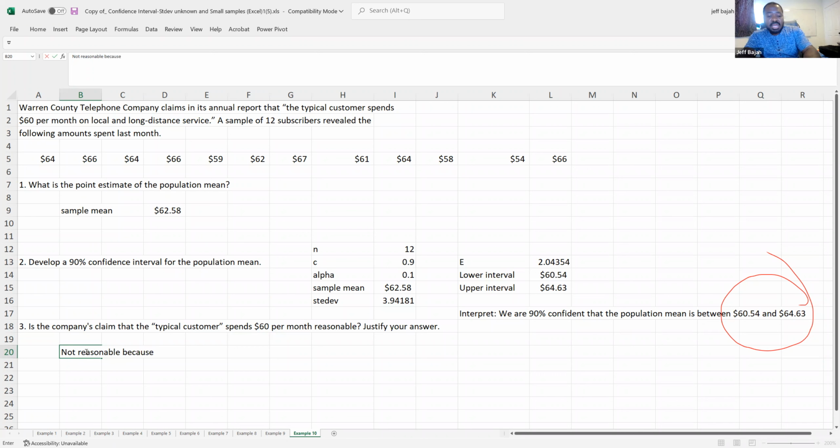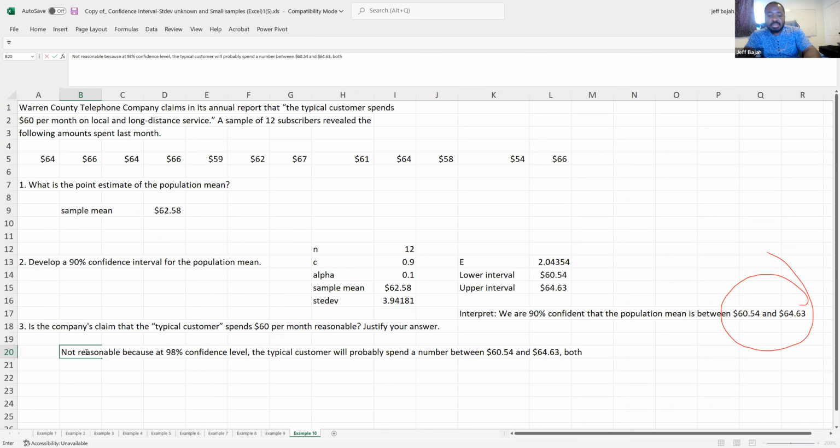Because at this confidence interval level, a typical customer will probably spend a number between $60.54 and $64.63.